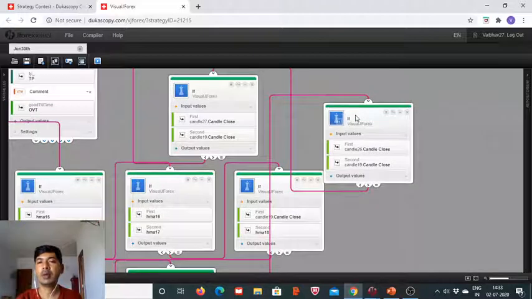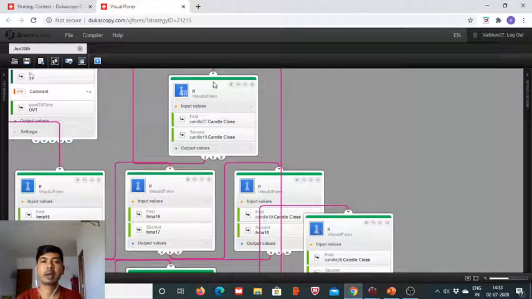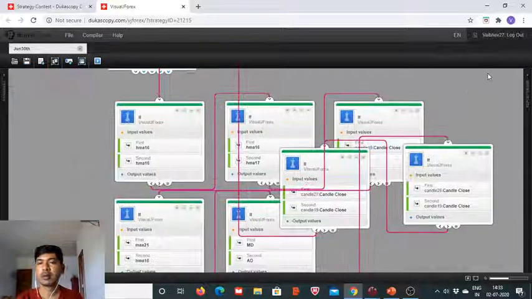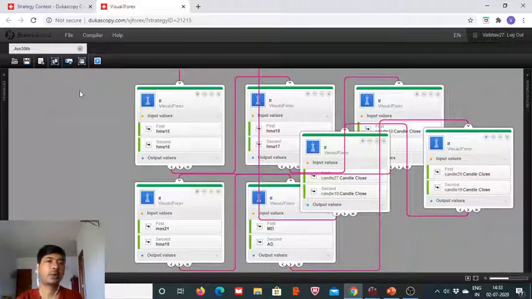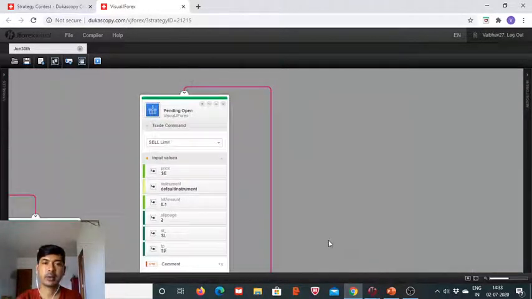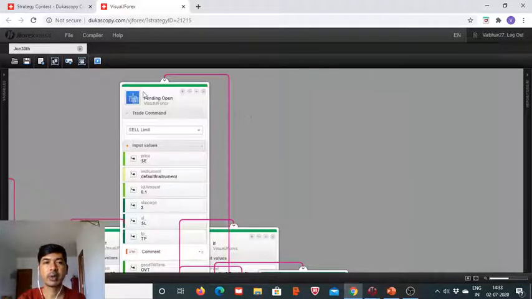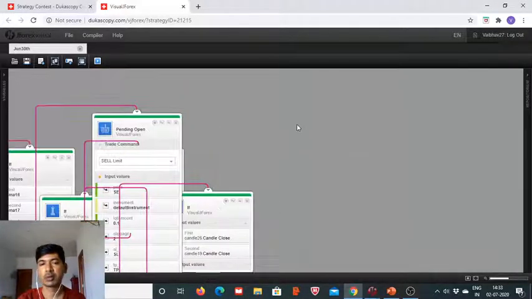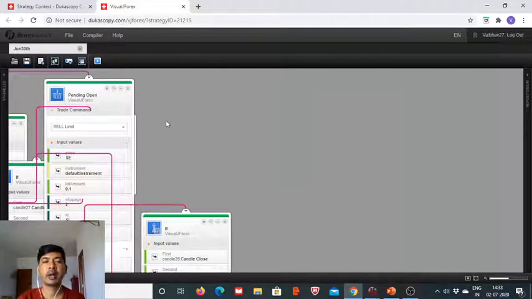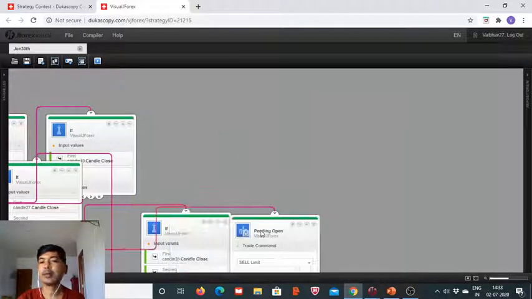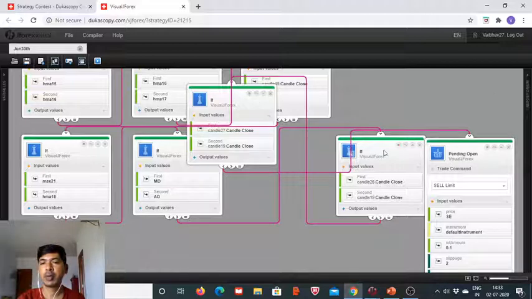So maybe we will test it for a week or at the max for a month, and then I will leave it to you to do the extensive testing to see how it is performing or if it needs further optimization. So that part needs to be decided by you. This is the bare bones structure here.